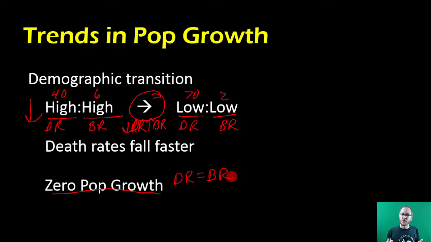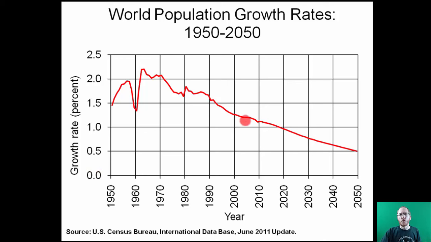Now, non-industrialized countries are still growing rapidly. So once again, most of the people we're adding are in poorer areas, whereas the richer areas tend to have minimal growth, or in some cases no growth at all, or even shrinking. So this shows the overall growth rate. For a while there, it was just really large.